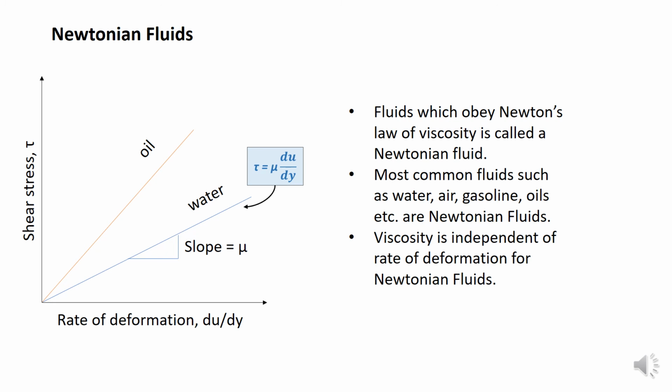There are some exceptions. In this course we are studying in detail only the Newtonian fluids, but we will just go through the other classifications of fluid that are available to you.